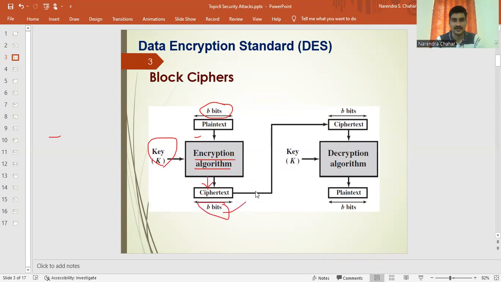Now when it is sent to the receiver, I'm saying this is the sender here and this is the receiver.